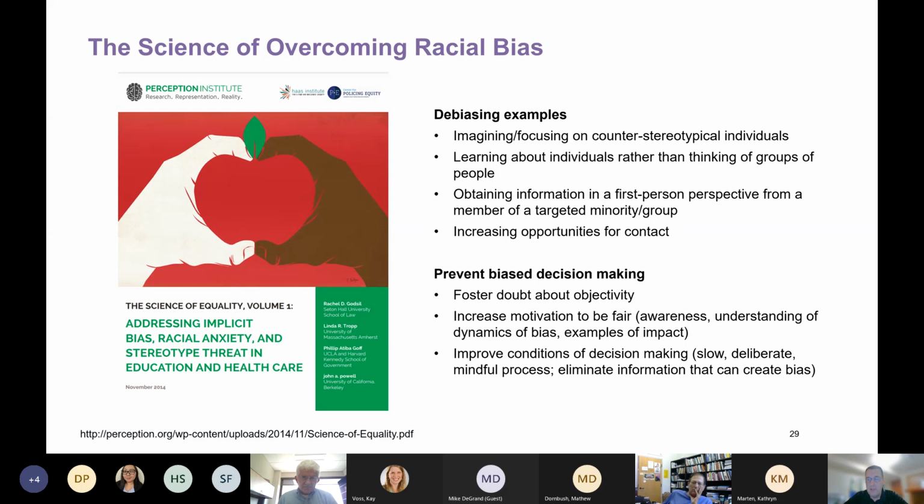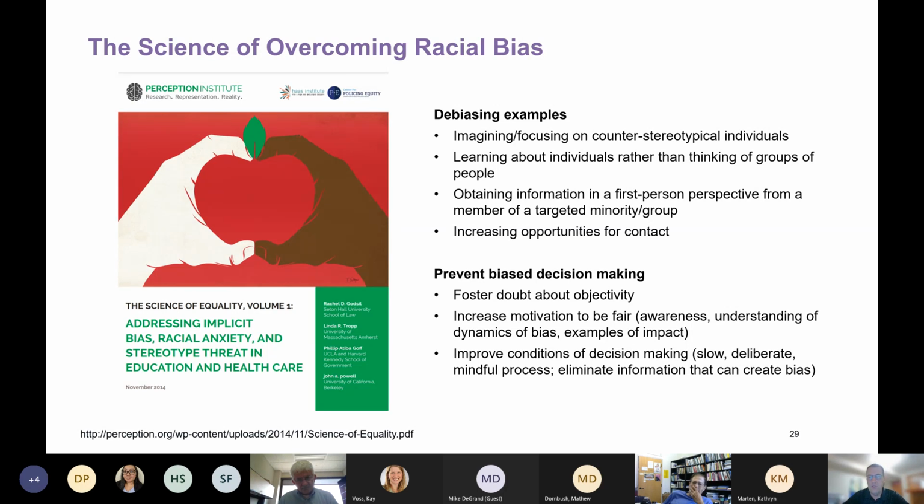One of the examples is people were asked to imagine a representative of a group against which maybe they held a bias, but focus on a counter-stereotypical individual. So imagine President Obama or a very smart African-American professor or something like that, right? And it turned out that the more people imagined these examples of counter-stereotypical individuals, the more their bias was weakened.